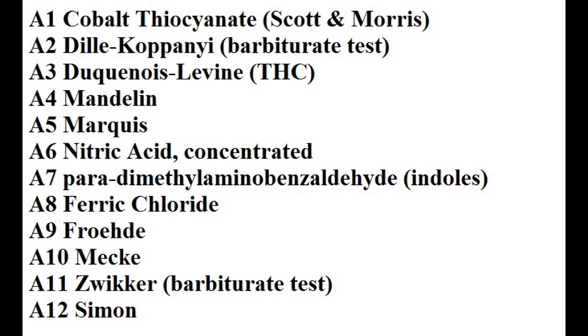I know how to say that one. Then we have nitric acid, just concentrated nitric acid all by itself, which I actually didn't know about. Then para-dimethylaminobenzaldehyde, test for indoles. That's what we use to test for tryptamine. So it's for Ehrlich's reagent, I guess, and Hofmann's reagent.